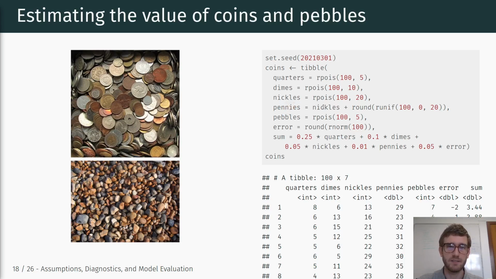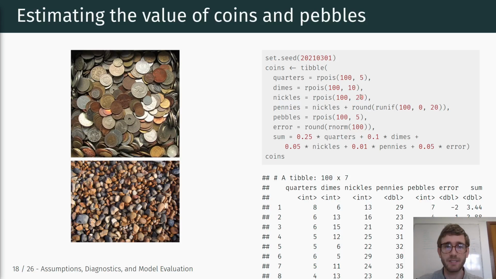Pennies is a little bit different. The number of pennies is equal to the number of nickels plus some random deviation, which follows a uniform distribution between 0 and 20, and this is rounded, so this is always integers. So we have between 0 and 20 more pennies than we have nickels.